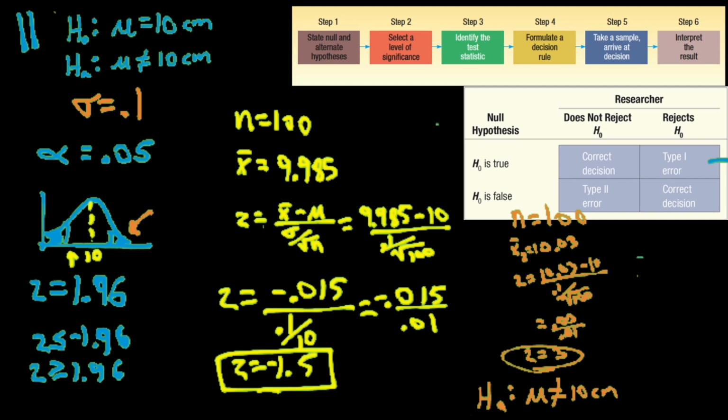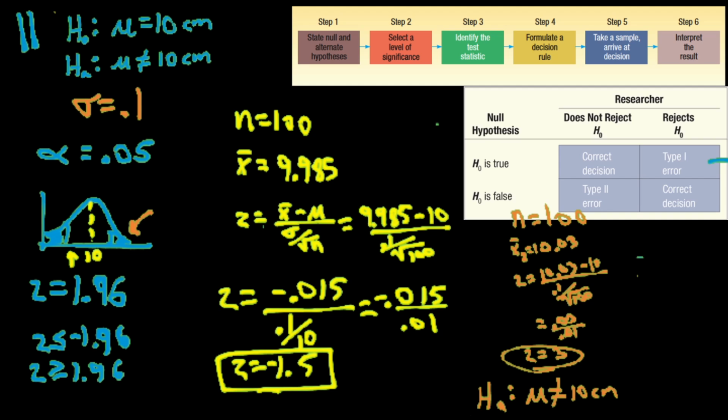But of course, that can happen by chance, and it does happen by chance a certain amount of the time. This is dependent upon our alpha, but for instance, in the case we're looking at here, an alpha of 5%, if in fact the null hypothesis is true and the mean is 10 centimeters, 5% of the time we're going to find a sample mean beyond our critical value in our rejection region, even when the population mean is 10.